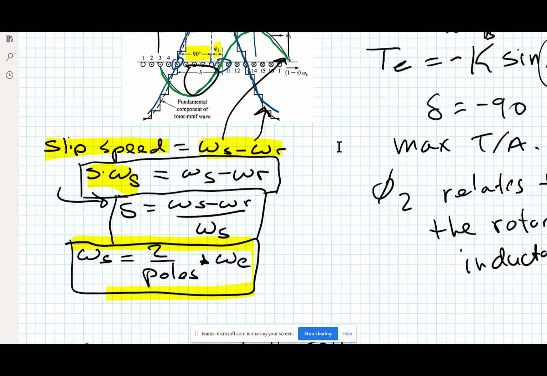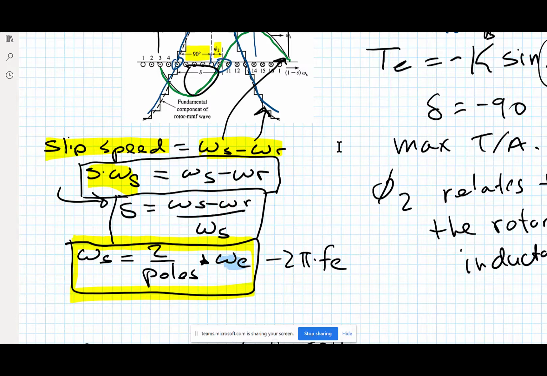If I know the frequency that I'm applying to the stator windings, that's this value right here, that's 2 pi times whatever the electrical frequency is. I've got that speed, and a fraction of that speed will represent the difference between these two things.